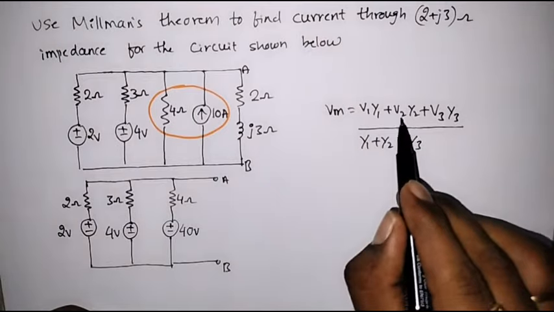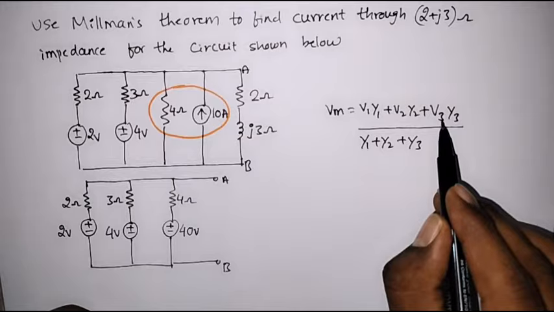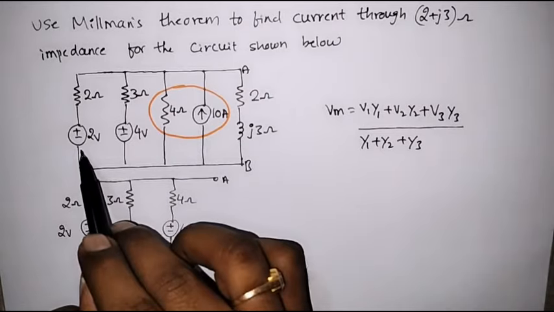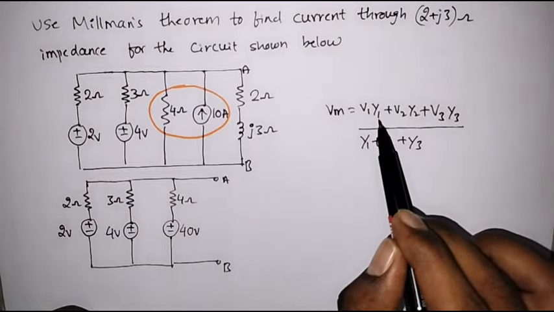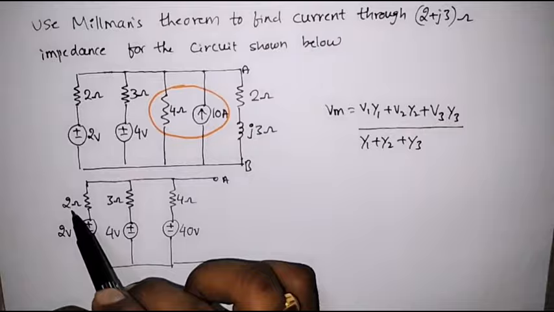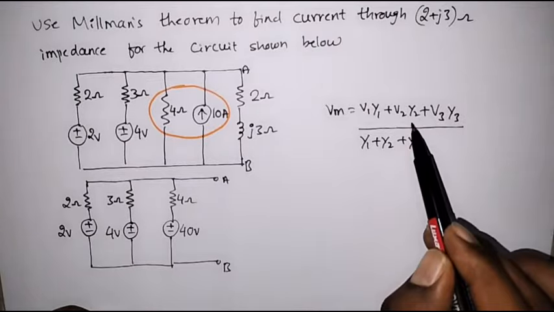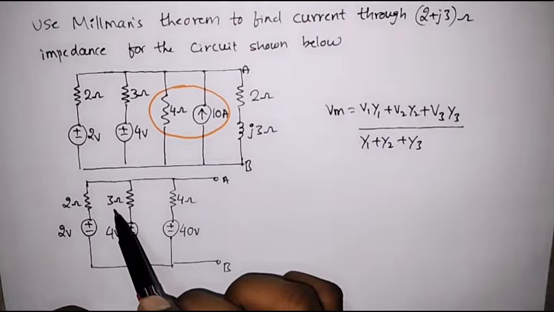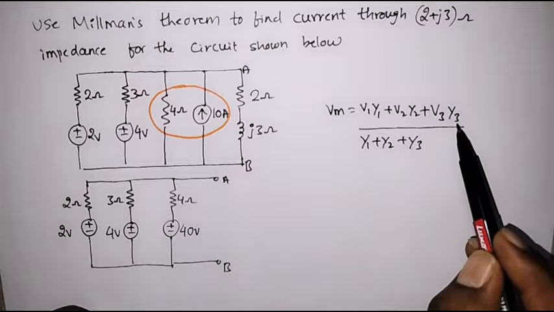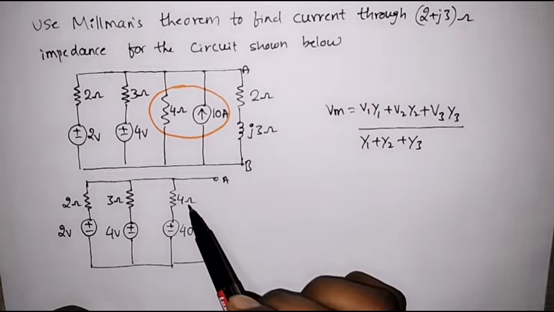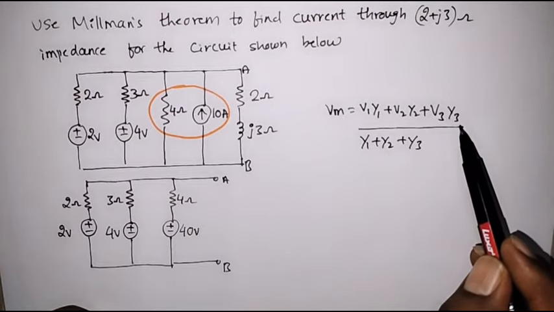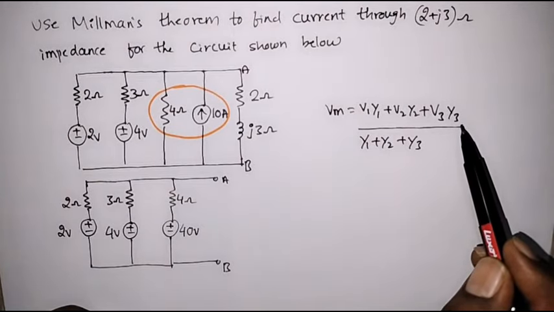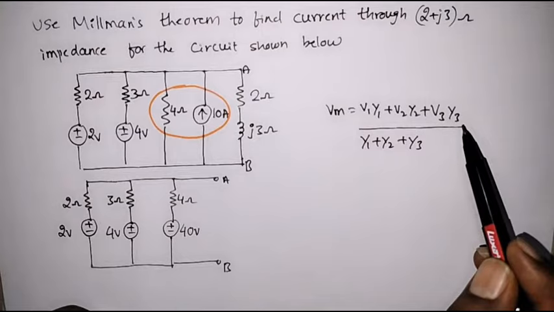Here V1, V2, V3 are the voltages 2 volt, 4 volt and 40 volt respectively. Y1 is the reciprocal of the 2 ohm resistor, Y2 is the reciprocal of the 3 ohm resistor, and Y3 is the reciprocal of the 4 ohm resistance. That is, Y1, Y2, Y3 are conductances.